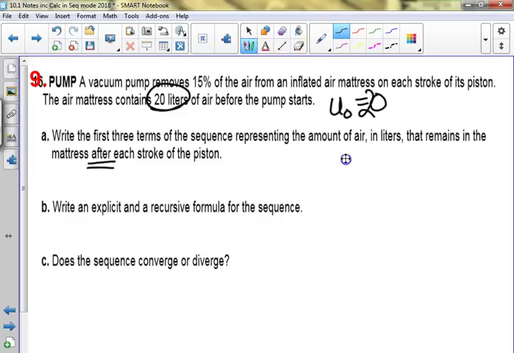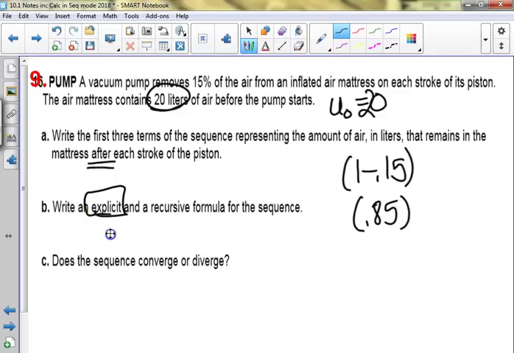Then you are removing, how do we remove 15%? 1 minus 0.15 or times 0.85. So if I wrote this as an explicit, I could say starting with 20, I'm going to multiply by 0.85 once, twice, 3 times. I could write it like that. Or if you wanted, did anybody already do 0.85 times 20?